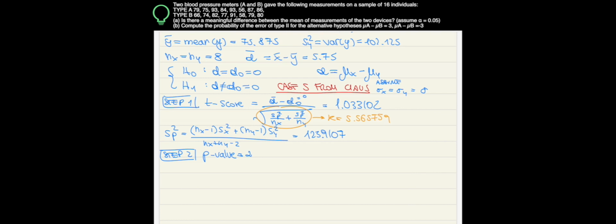So the p-value will be 2 times, as usual, two-tailed, so 2 times pt of 1.0331, too many digits, but never mind, degrees of freedom nx plus ny minus 2, so this will be 14, lower tail equal false. And this is equal to 0.3190. So as the p-value is higher than the level of significance 0.05, then H0 is plausible.